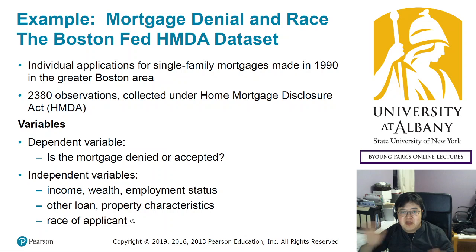So it is a very interesting question. What are the main determinants of mortgage application acceptance or denial, and how much does income affect it, or what is the relationship between the other loan status and the mortgage application, or is there any racial discrimination in the mortgage decision or not?